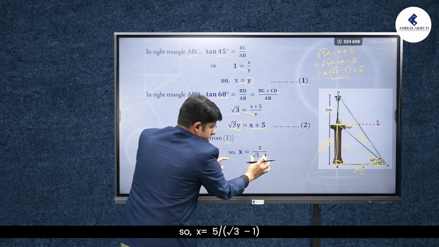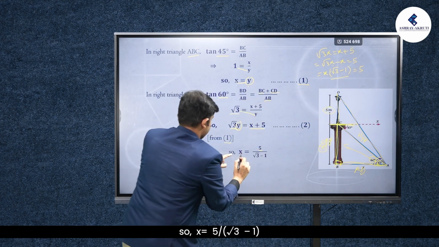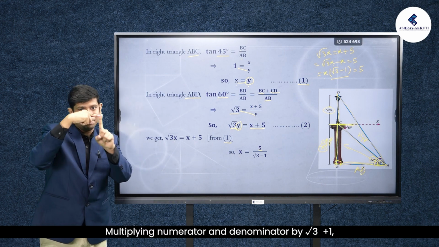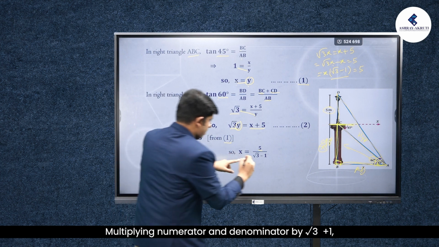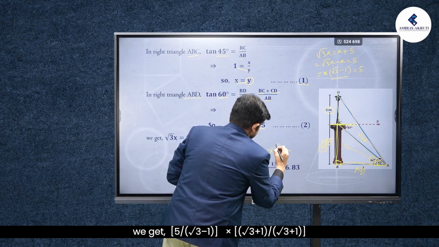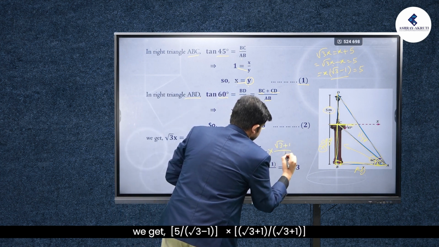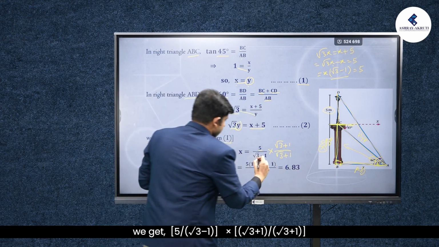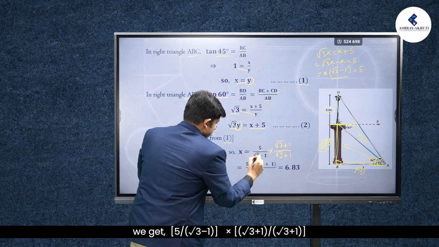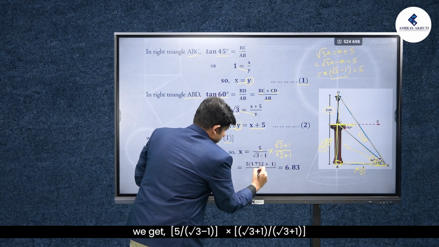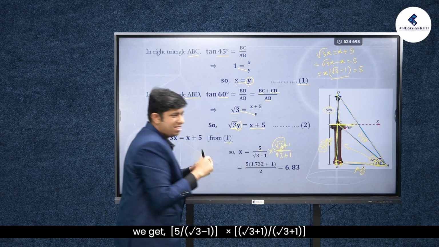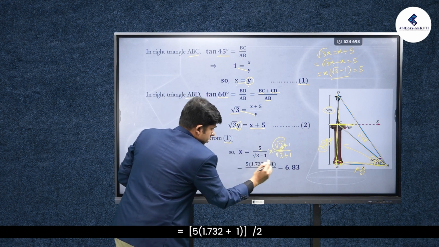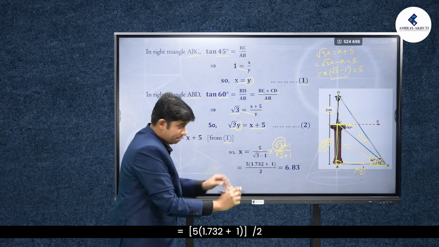So x is equal to 5 by root 3 minus 1. Multiplying numerator and denominator by root 3 plus 1, we get 5 by root 3 minus 1 into root 3 plus 1 by root 3 plus 1. By simplifying, we get 5 into 1.732 plus 1 by 2.